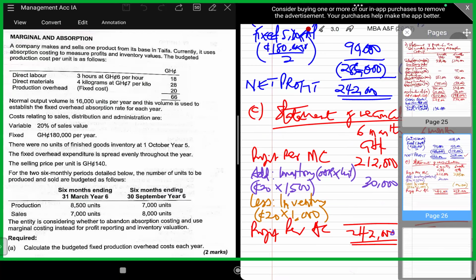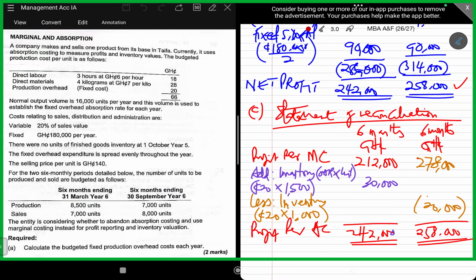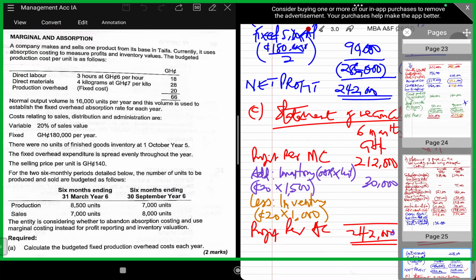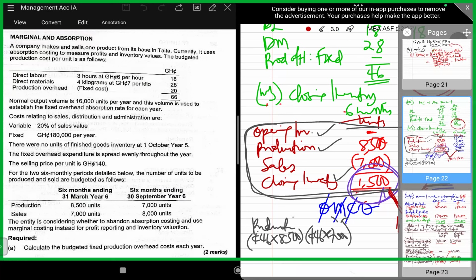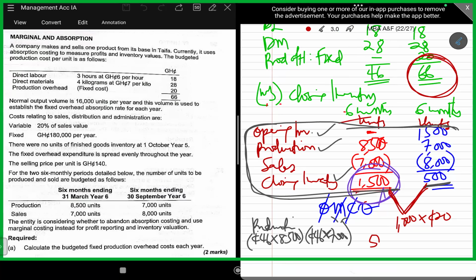The next 6 months, it was negative 20,000. That is 500 minus 1,500 will give us a difference of negative 1,000.